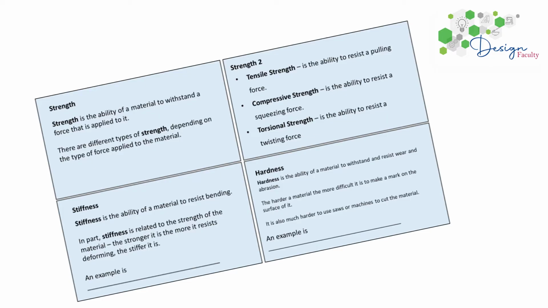So just to give you a little bit of a clue, paper is not a stiff material because it bends really, really easily. So lots of metals are quite stiff because they are not easy to bend, but try and think of a really good example for a material that's got a lot of stiffness to it. Okay, and you need to work your way through these properties, learning them, and be able to have an example for each one to show a material that has that particular property.